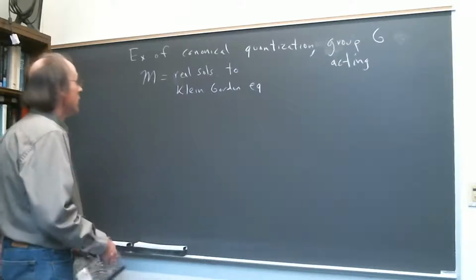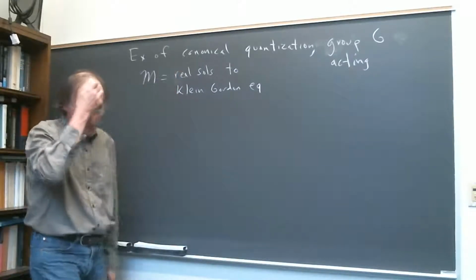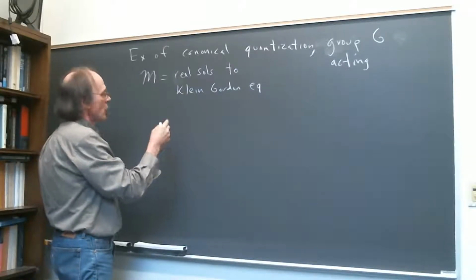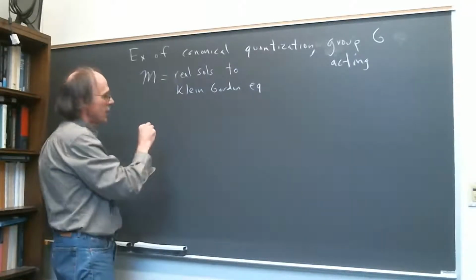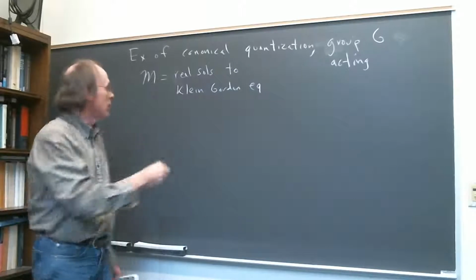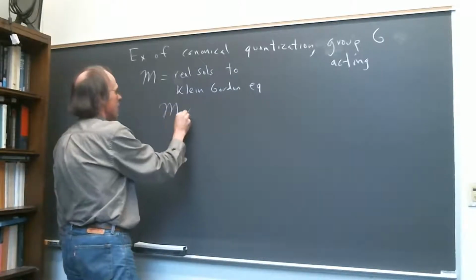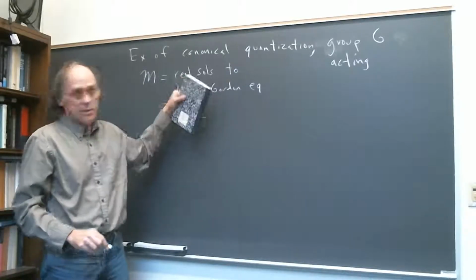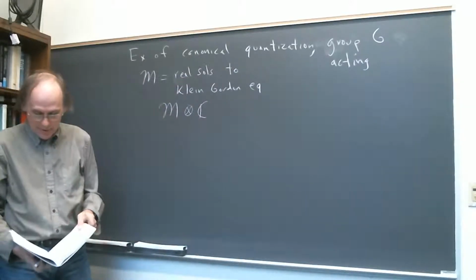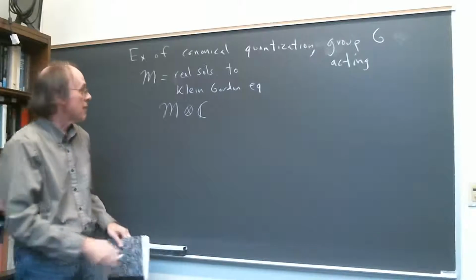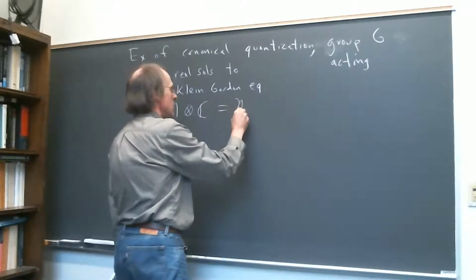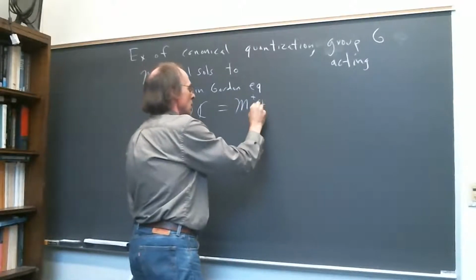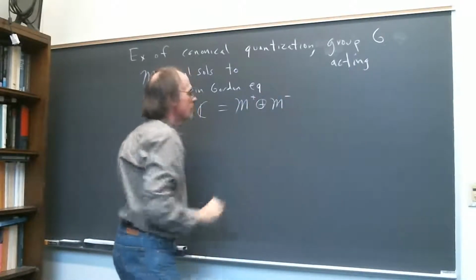Okay, and so one way to canonically quantize a phase space is by the Bargmann-Fock method. Now you complexify, so you look at complex solutions to the Klein-Gordon equation. But then you have to break this up using a complex structure, into M plus and M minus.